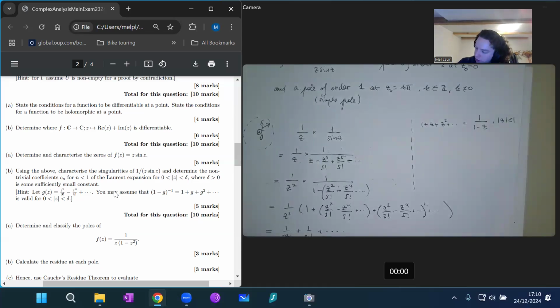It's 1 if n equals -2, and it's 1 over 3 factorial if n is equal to 0.